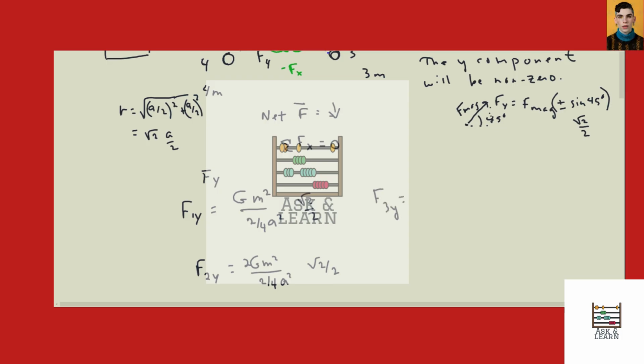F3y, now we're going to get into the negative components. And we'll simplify that in a little bit. And finally, the fourth mass is pulling down as well.